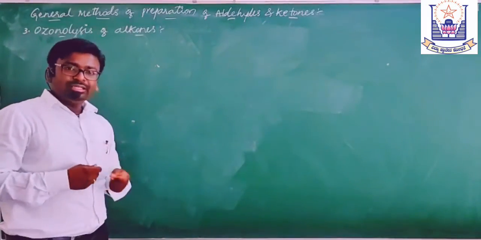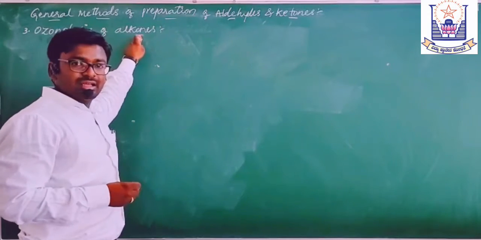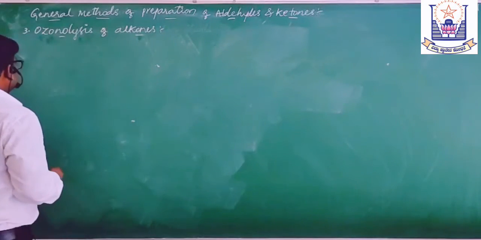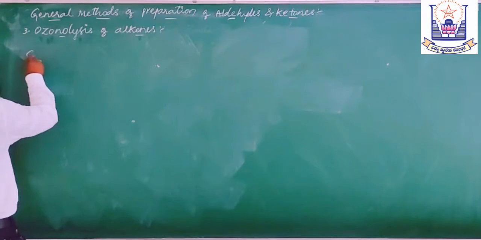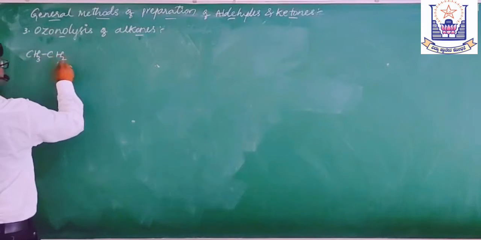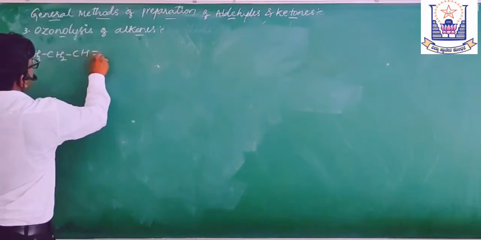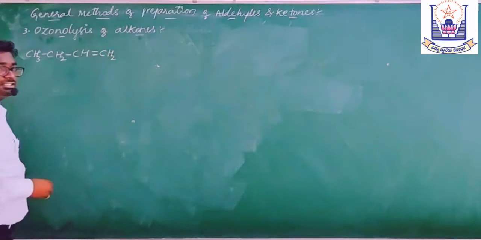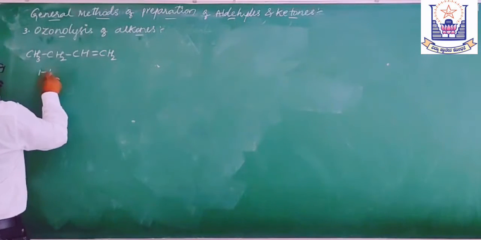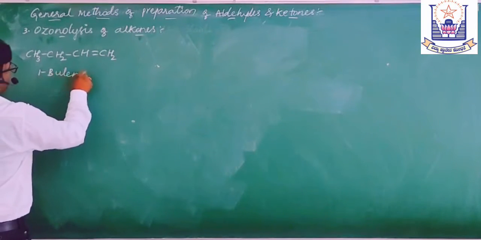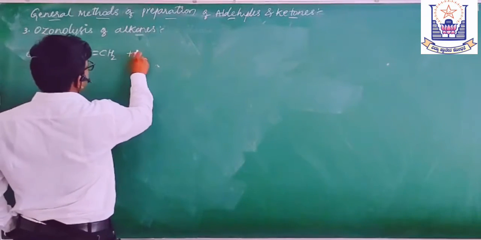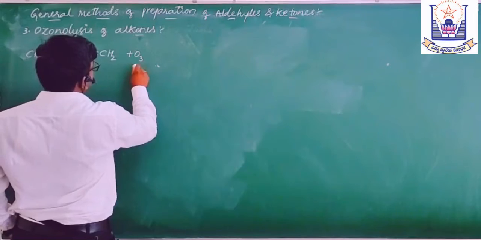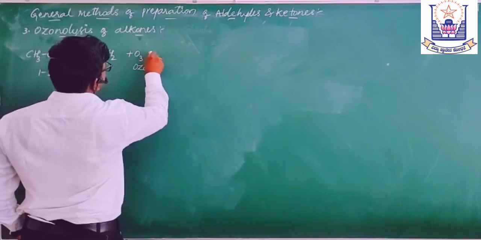We are doing this on alkenes. For example, you may take CH3CH2CH double bond CH2. What is this? 1-butene. When ozone, that is O3, is added to this, what happens?